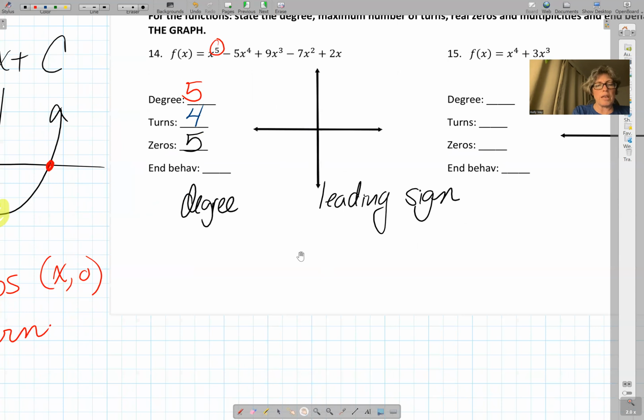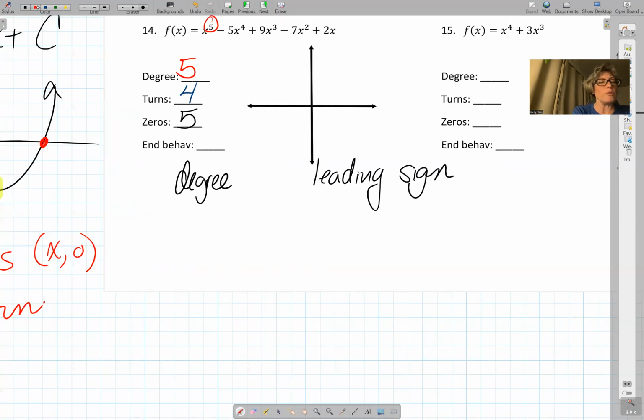So in this case, let's just recap all of those. Okay. If the degree is even, and the leading coefficient is positive, then it's going to rise to the left and rise to the right.